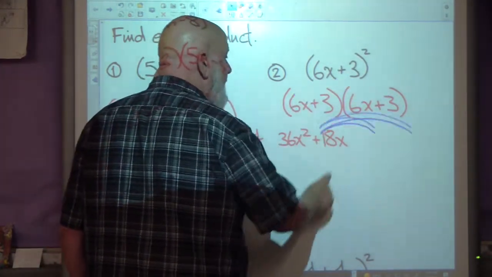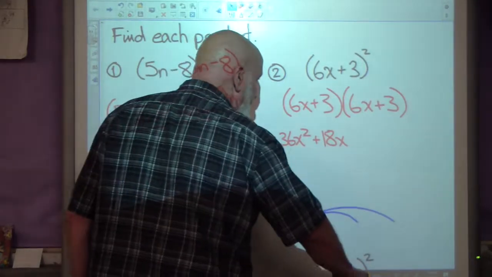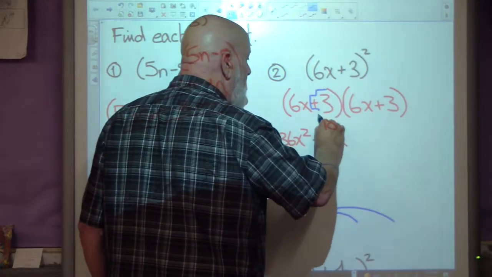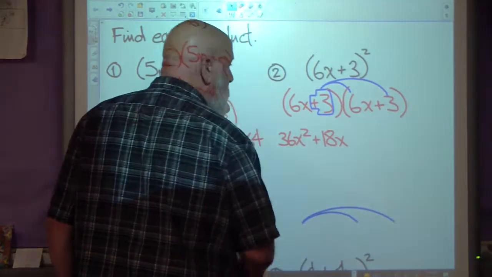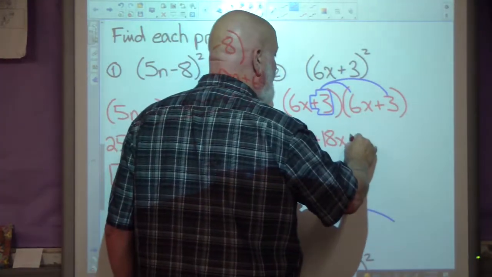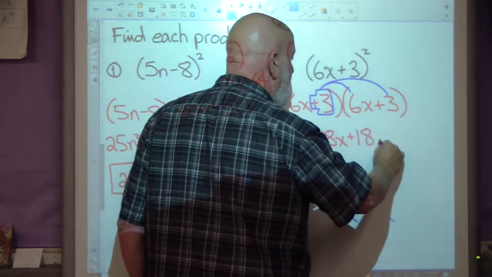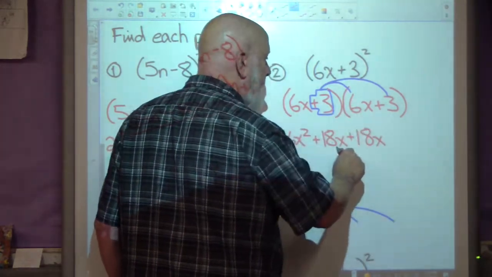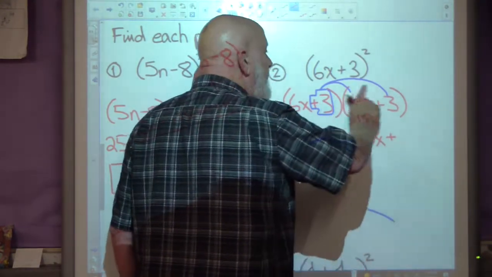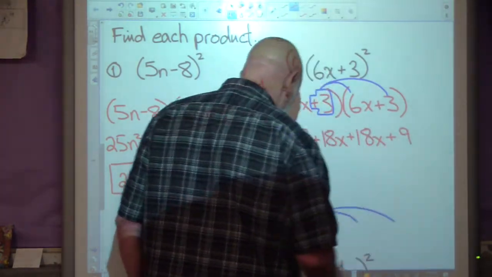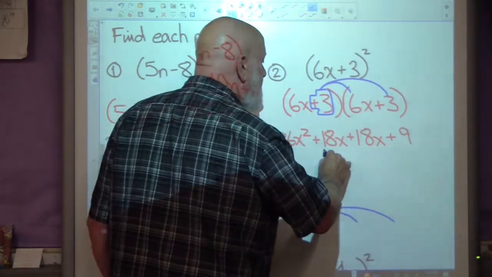Then I take this second term, positive 3, and I distribute it. This gives me positive 18x, 3 times 6x, plus, because it's positive times positive, 3 times 3 is 9. Then once again, we combine our like terms.